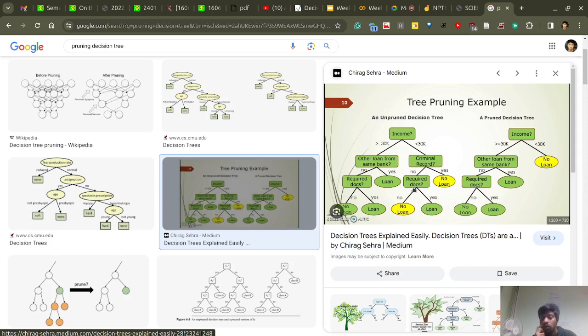Okay, I'll try to go into it in detail at some point, but just consider this. Initially we have this tree. If the income is greater than 30,000, we check if the person has a loan from the same bank. If yes, then we give the loan.